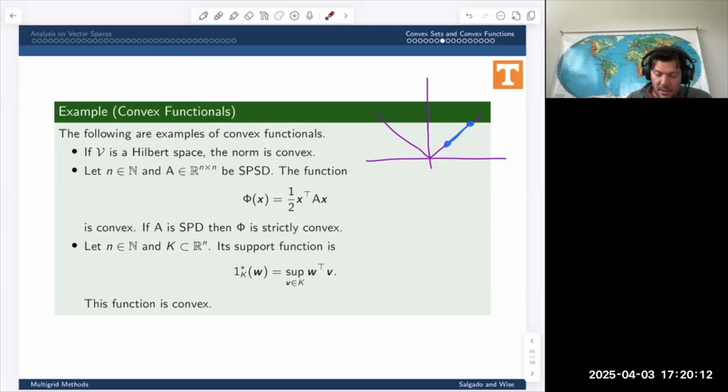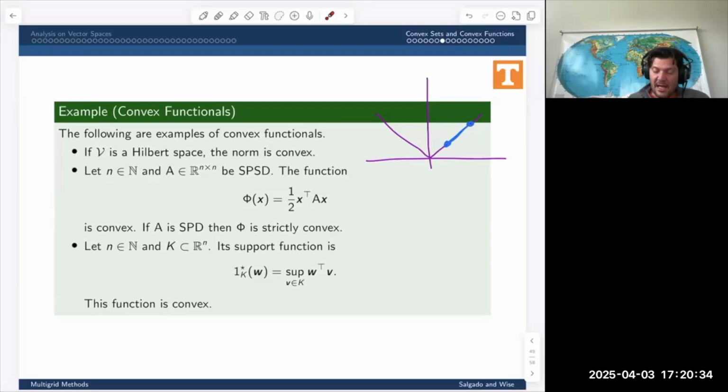What about this function here? Well, this is the function I was playing around with just a minute ago. I was trying to show you how to calculate the derivative and the second derivative for something which looks like this. I said it makes life a lot easier if we can assume that A is symmetric.